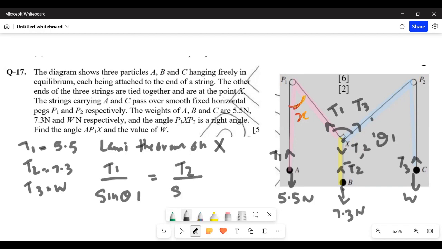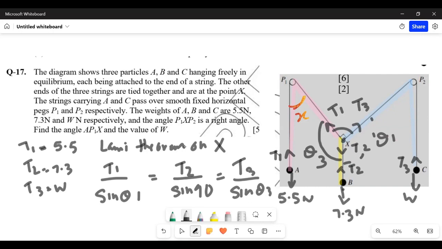So over sine 90 is equals to T3 over sine, T3 के ऑपोजिट ये एंगल कह लेते हैं तो वो θ3 होगा. So over sine θ3. You must show to the examiner कि θ1 से आपका मतलब क्या है और θ2 से आपका मतलब क्या है. So आपकी फिगर में ड्रॉ होना चाहिए θ1, θ2, θ3.